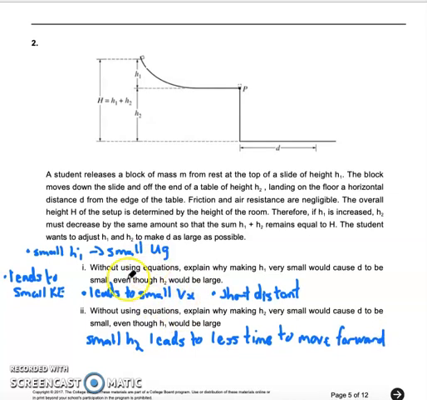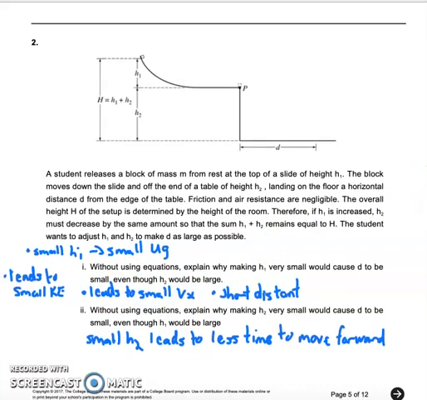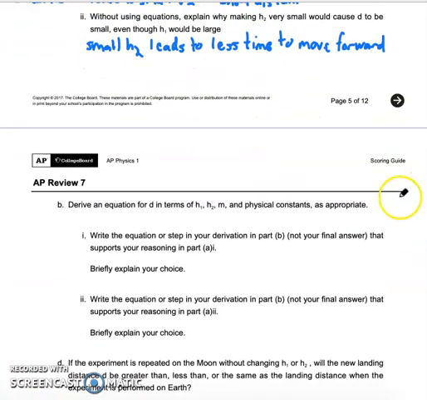Now they want you to actually derive an equation for D that supports that. Okay, so let's do the equation over on a blank sheet. All right, so part 1, right? I'm just going to go to the projectile.